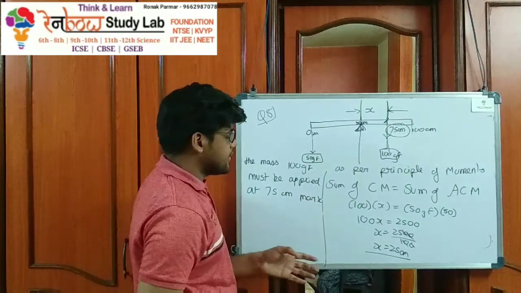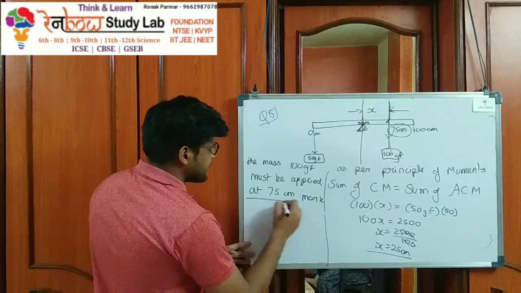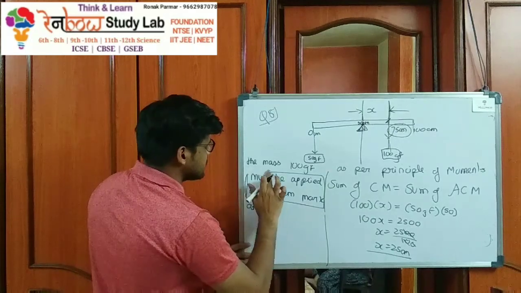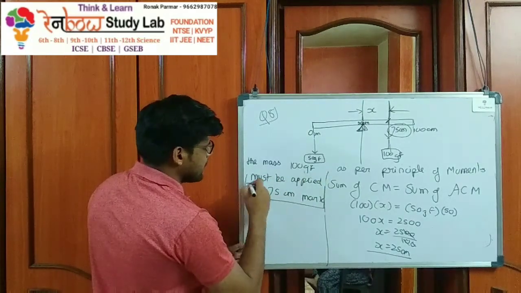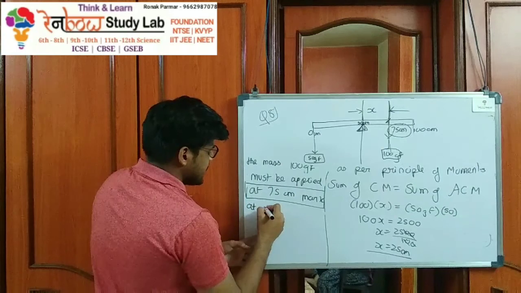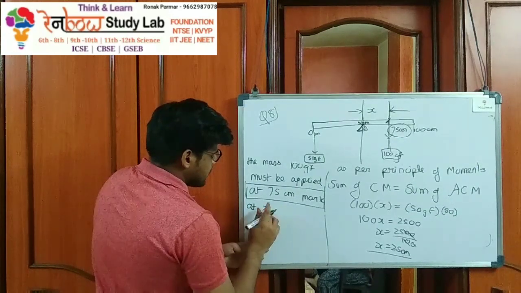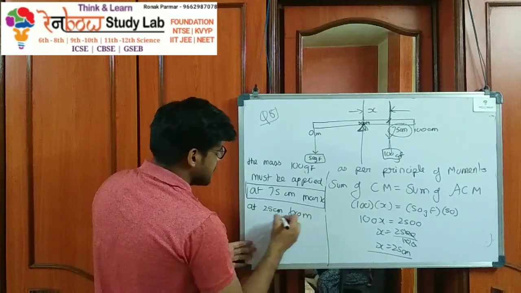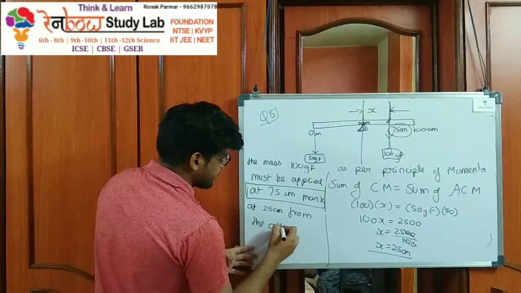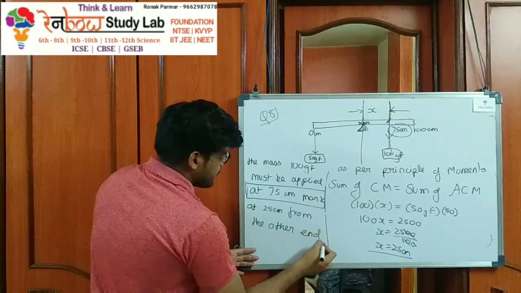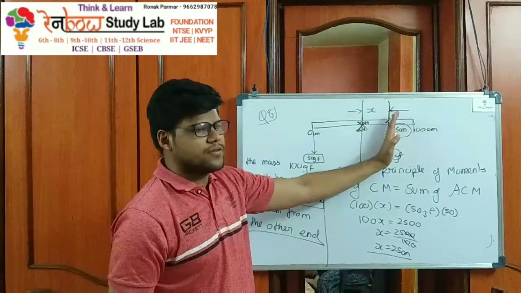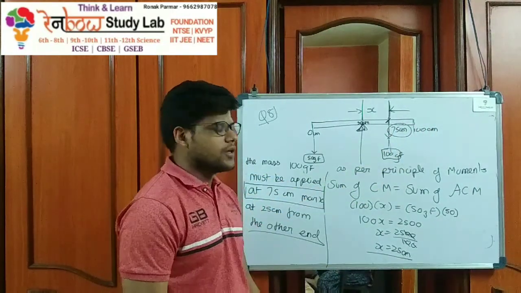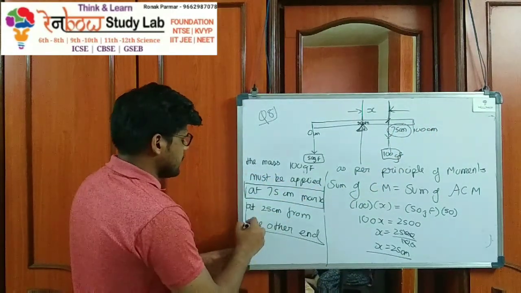Or you can also write the statement as: it must be applied at 25 centimeter from the other end. So either you can say 75 from this end or 25 centimeter from the other end. Both of them mean the same thing.